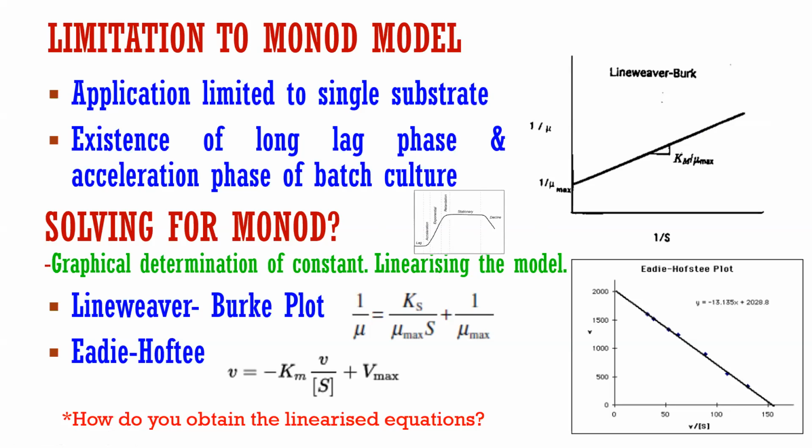So this real case scenario is not really represented in the Monod model, because the Monod model is only true for the other phases besides the lag and acceleration phases. In the real world, you have a lot of substrate, but the cell still takes quite some time to grow, and the Monod model does not really represent this region. So that is one of the limitations.